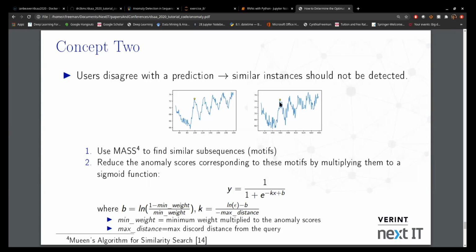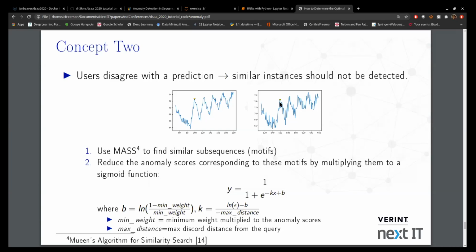So for every detected anomaly that the annotator disagrees with, a query is created by forming a subsequence of the time series of user chosen length with the detection in the middle of the subsequence. And we reduce the anomaly scores corresponding to these motifs by multiplying them by a sigmoid function. So the more similar the query is to the corresponding motif, the greater the reduction to anomaly scores.